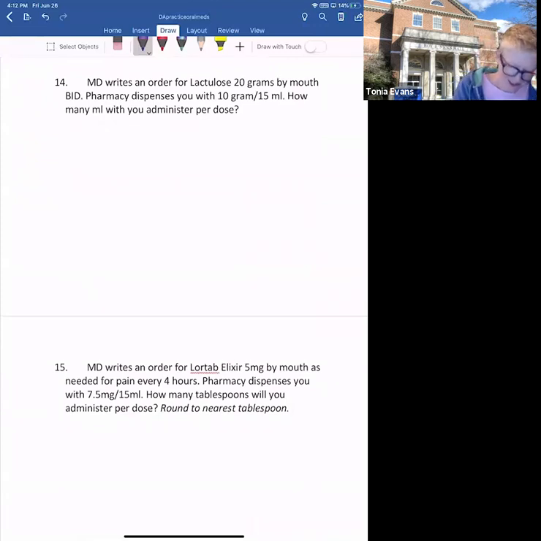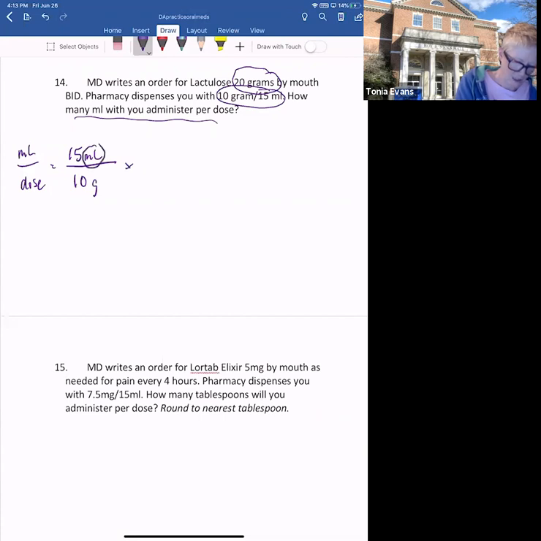Okie dokie. Lactulose. We have a 20 gram dose. We have 10 grams in 15 mLs. And how many milliliters per dose? So milliliters per dose. And I know in 15 mLs, I have 10 grams, and I need to get rid of that grams.